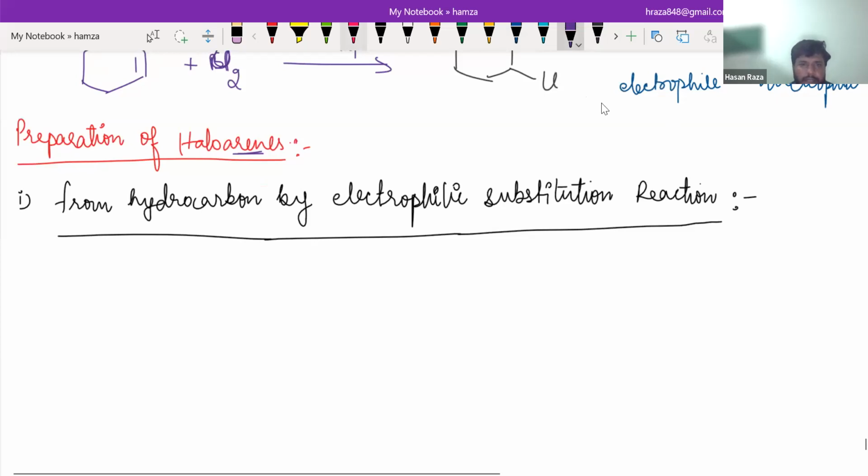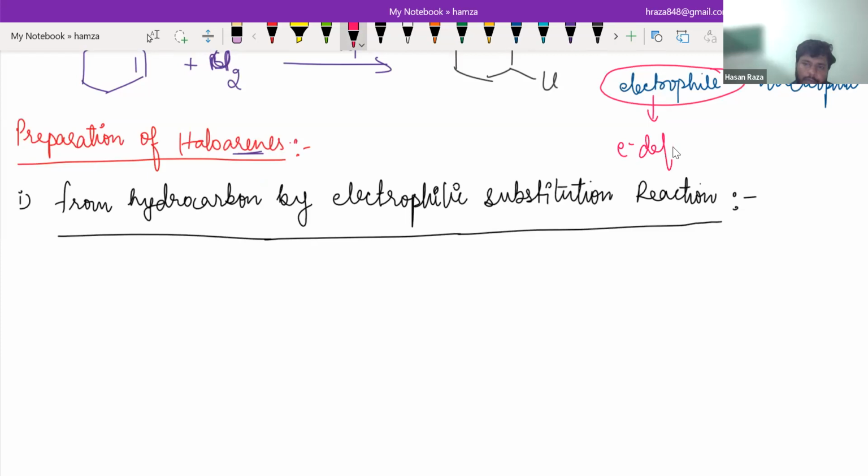So electrophile means electron deficient, electron poor compound, and nucleophile means electron rich compound. The electron rich compound will go to the compound which is electron deficient. So this is basically electrophilic substitution reaction. There will be an electrophile which will attack or substitute in the reaction.